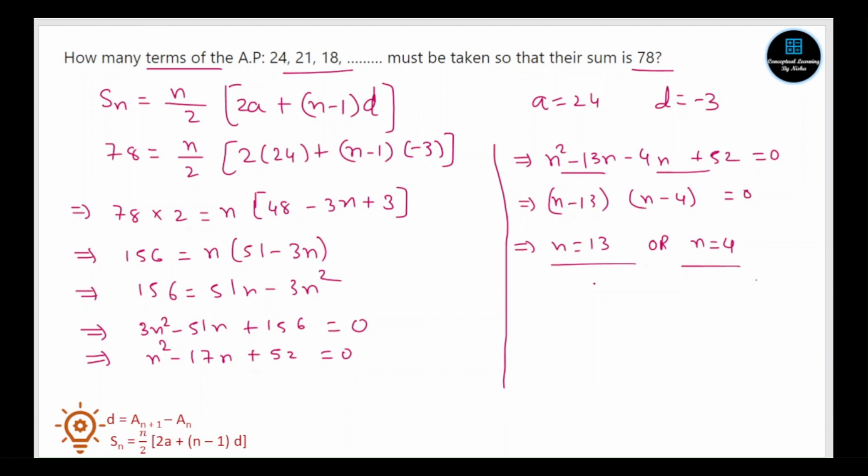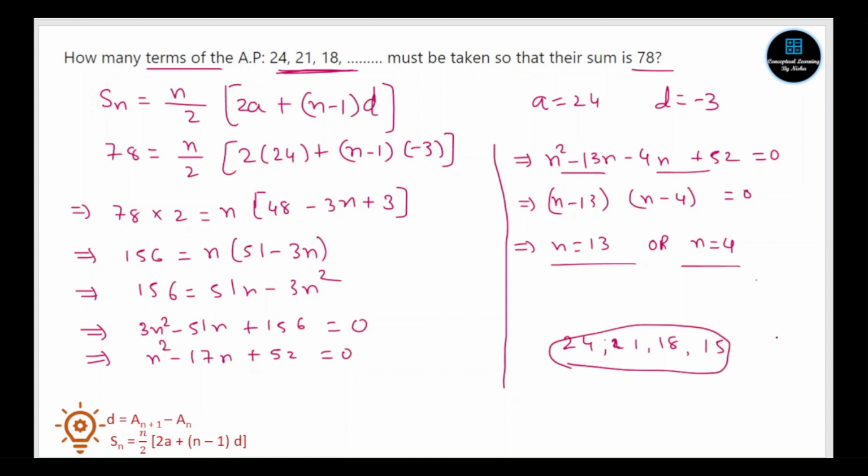Yes, some of you might be correct. This means this AP is decreasing. So when n equals 4, it will stop after just 4 terms. If you think, 24, 21, 18, and the fourth term will be, if I subtract, 15. Now what is the sum of these 4 terms?